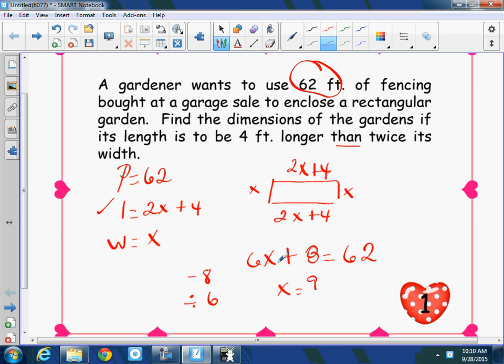Now I have to figure out the dimensions. So the width is 9, but I'm going to have to plug in the 9 for the x, and then 2 times 9 is 18, plus 4, 22. So the dimensions would be 22 and 9.